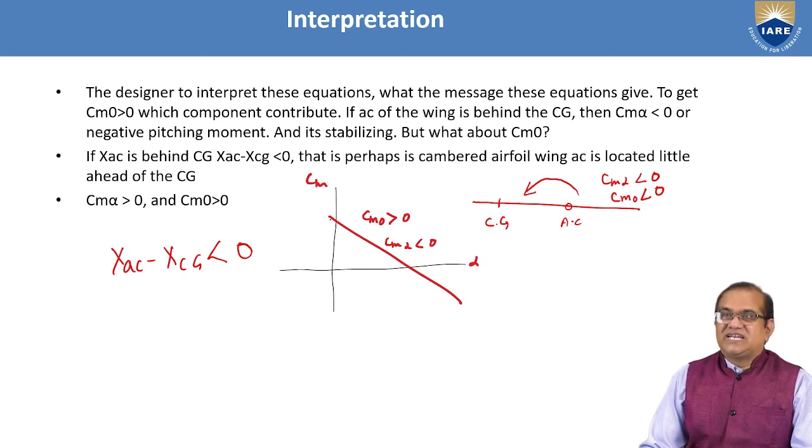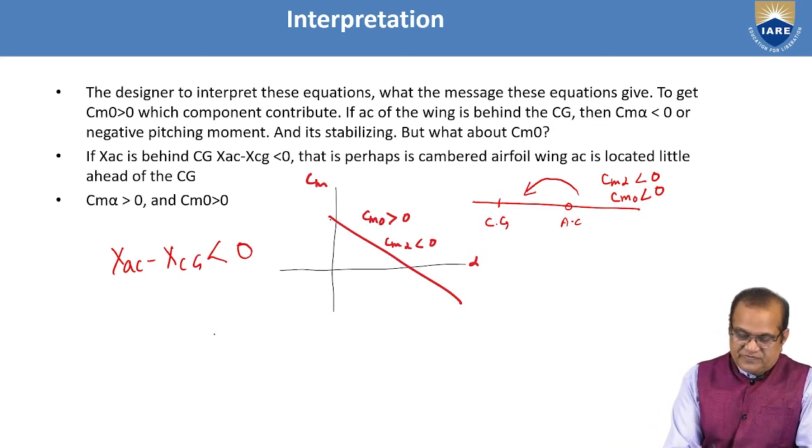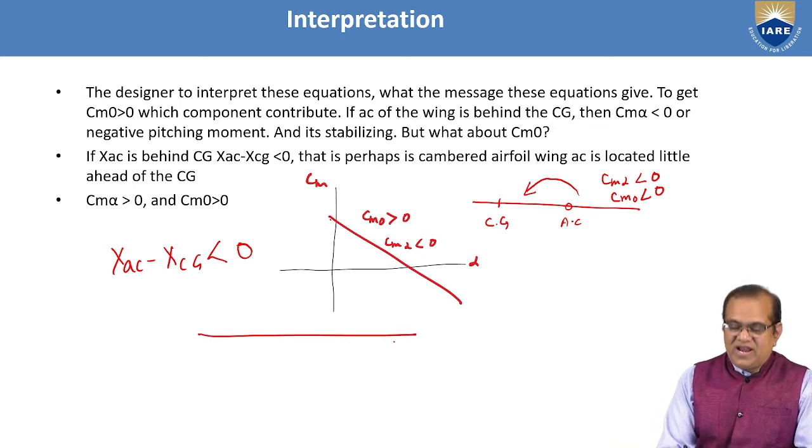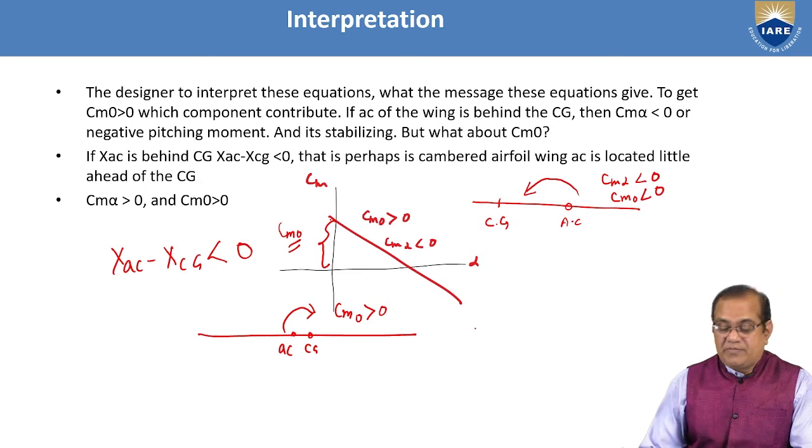AC is located a little ahead of the CG. So if it is the cambered airfoil and this is the CG and this is the AC, like this, then it will be like this, and here CM naught will be greater than 0, CM naught greater than 0 for cambered airfoil.